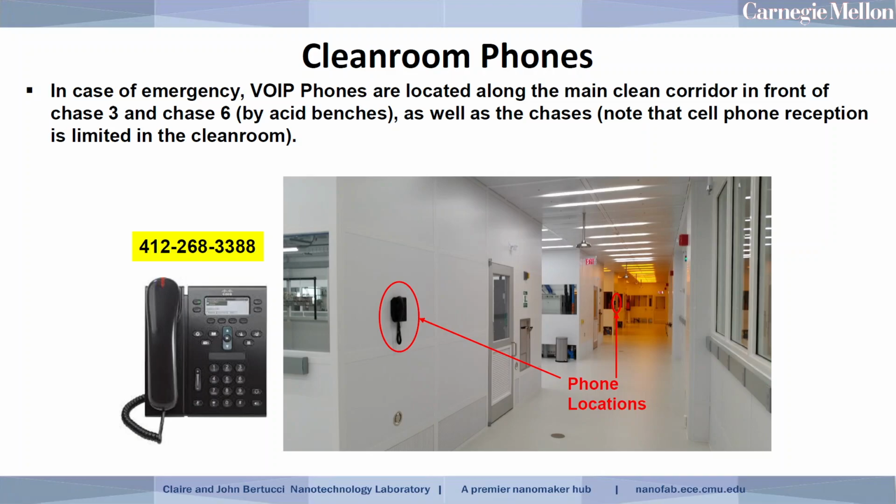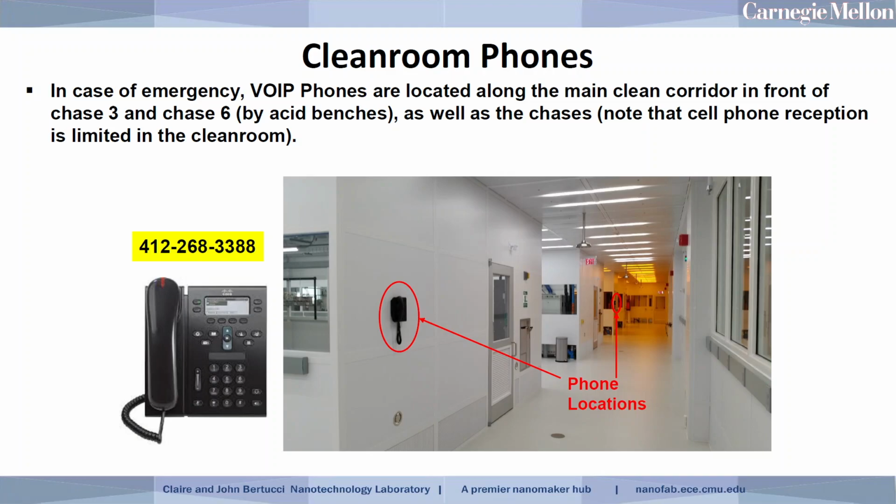So to that end, clean room phones: there are phones located in the clean room. We do have minimal cell phone reception in the lab. We do have routers inside the lab, so if you're going to do any Wi-Fi calling or any sort of work on the internet, that is fine.